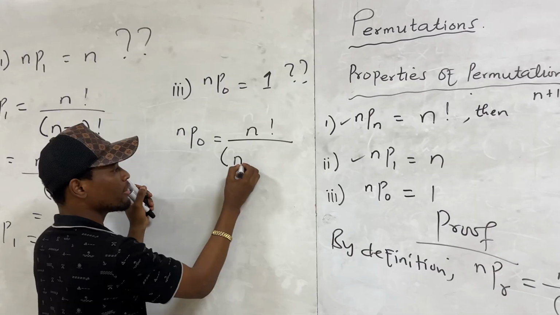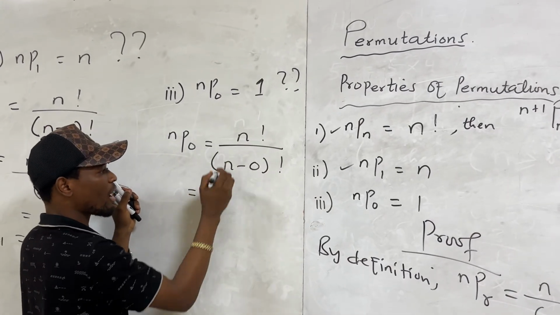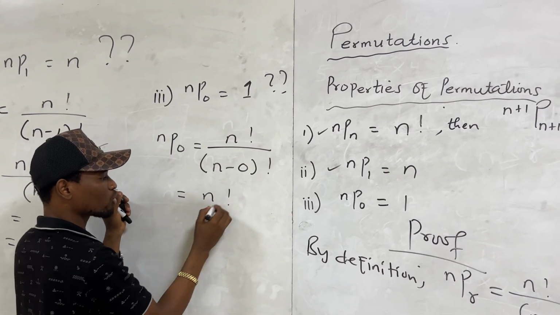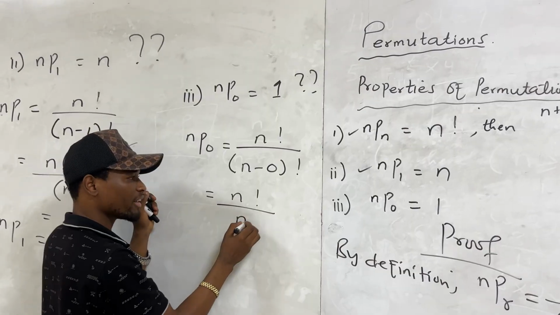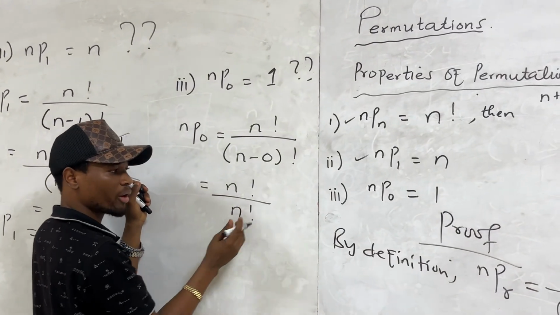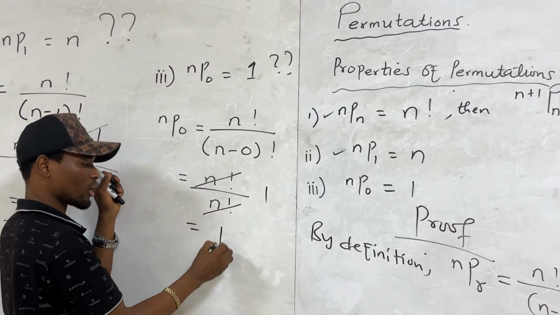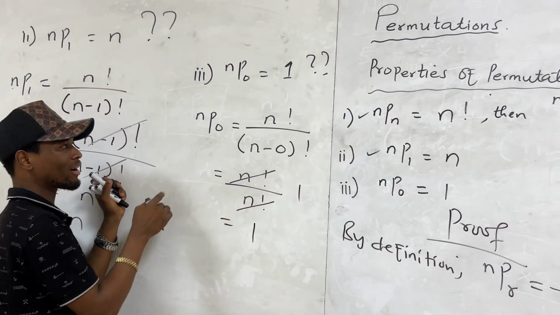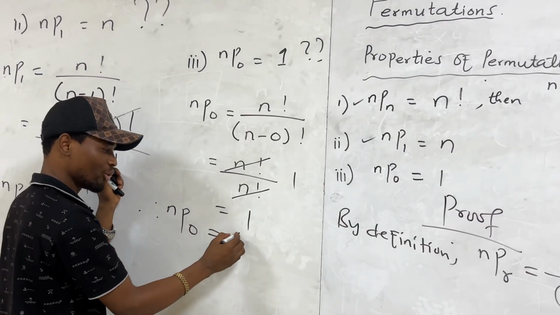So you have (n minus 0) factorial. So what do we have? We have n factorial over n minus 0, which is the same as n. So I have n factorial. n factorial cancels n factorial, so you have 1. So clearly, nP0 indeed equals 1.